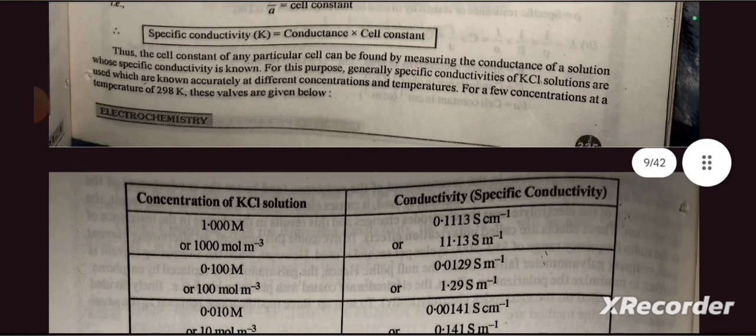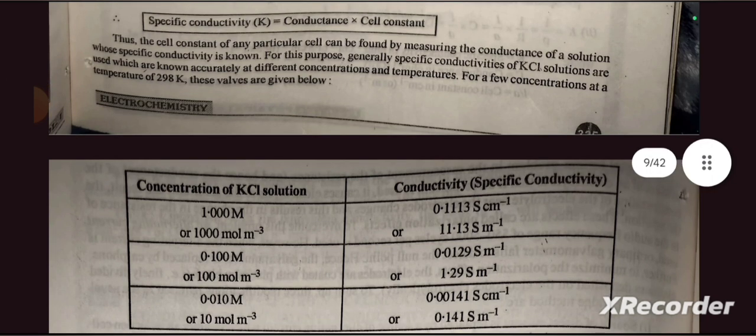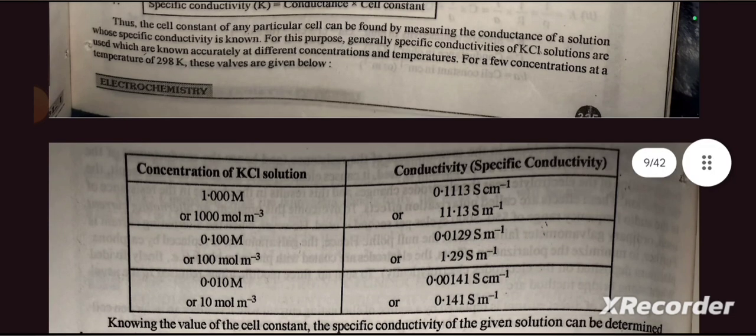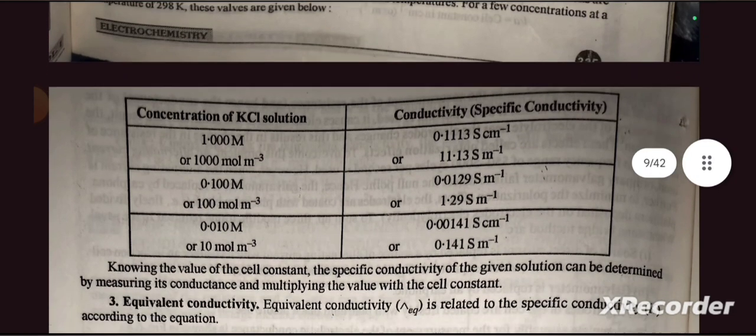conductivity is known. For this purpose, generally specific conductivities of KCl solution are used, which are known accurately at different concentrations and temperatures. For a few concentrations at a temperature of 298 Kelvin, these values are given below.